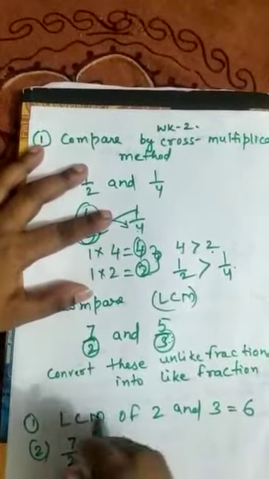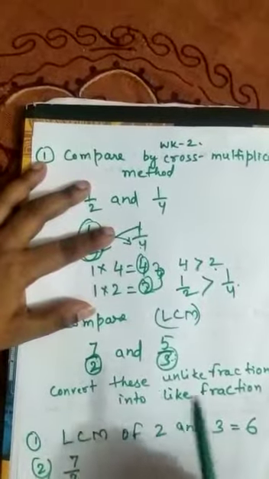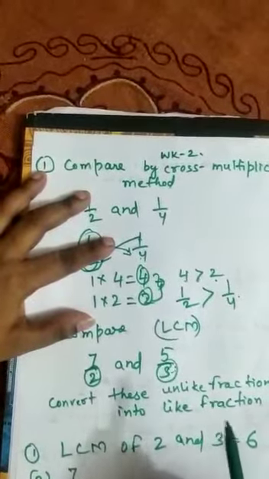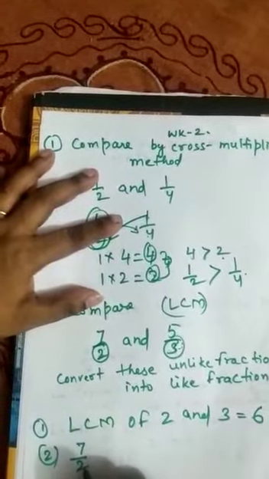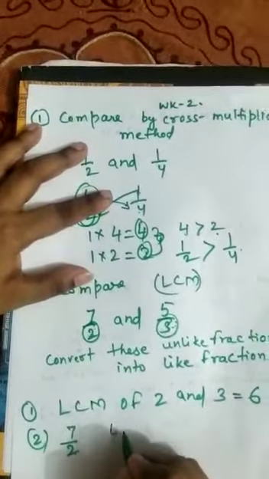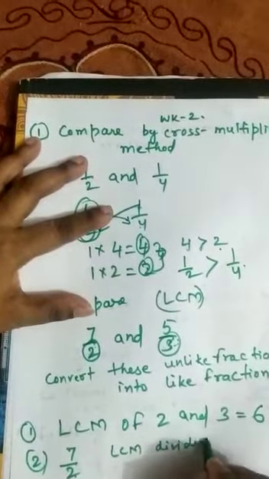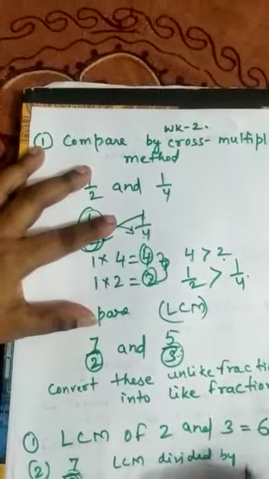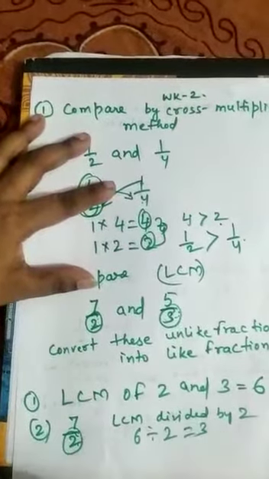Now the second step: we have to convert this fractional number so that both fractional numbers have the same denominator. So this LCM will be divided by the denominator 2. The LCM 6 divided by 2 is 3, right?